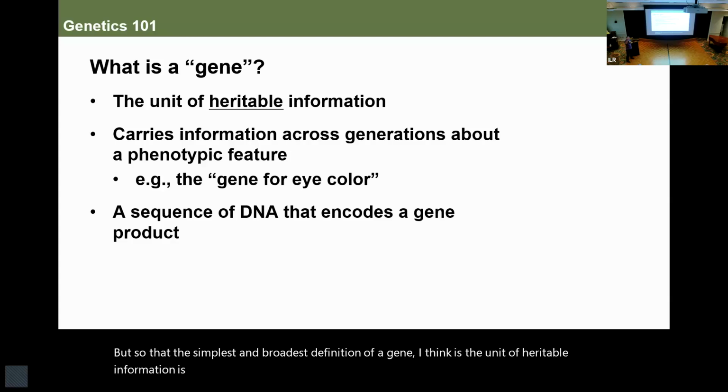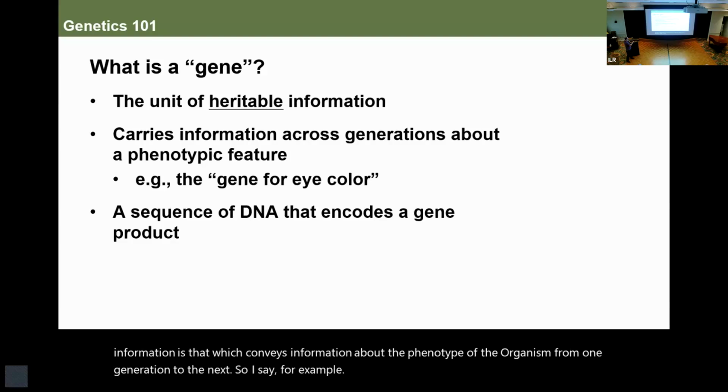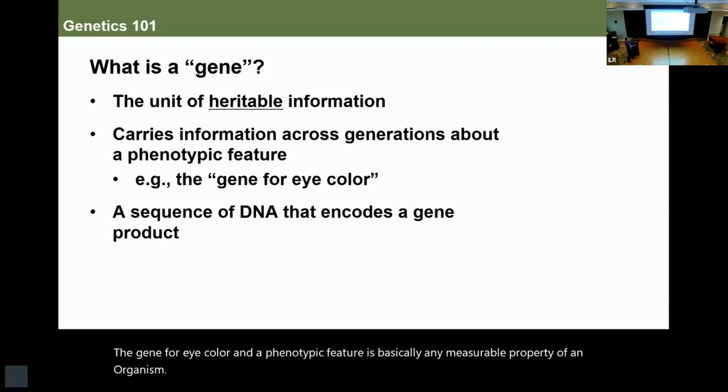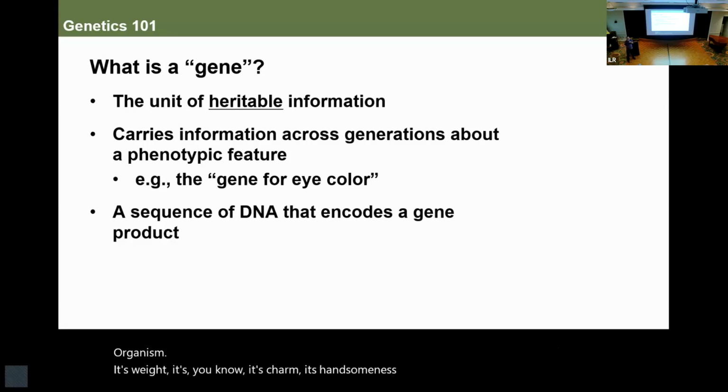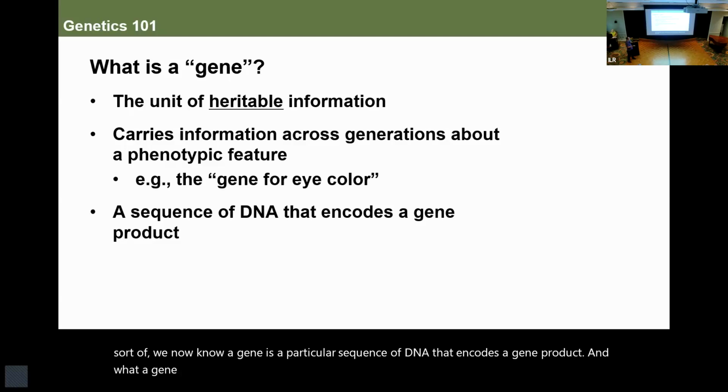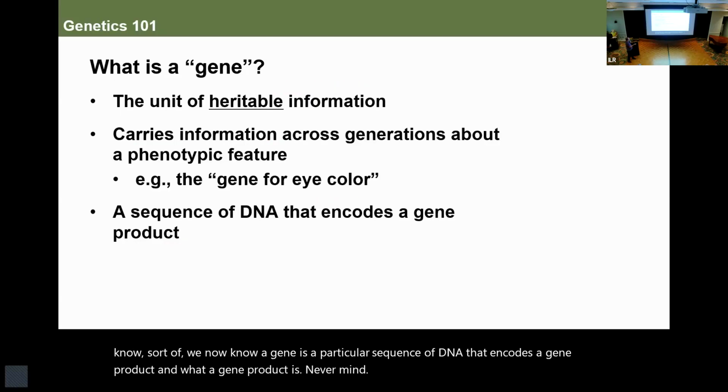It is that which conveys information about the phenotype of the organism from one generation to the next. So I say, for example, the gene for eye color, and a phenotypic feature is basically any measurable property of an organism. Its weight, its charm, its handsomeness, its whatever, right? And then, we now know a gene is a particular sequence of DNA that encodes a gene product. And what a gene product is, never mind.